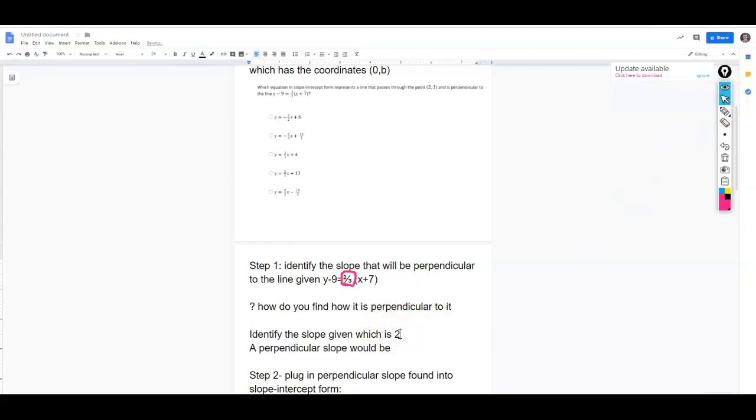So it is 2/3. Then a perpendicular slope to 2/3 would be -3/2, because they're opposite in sign and they're reciprocals, which is you just flip the fraction.